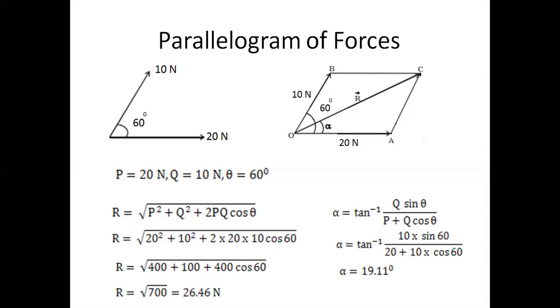That means this R is making an angle of 19.11 degrees with the 20 newton force in the anti-clockwise direction. So this is how you solve the problems, simply by remembering this formula: R equal to under root P square plus Q square plus 2PQ cos theta, and alpha equal to tan inverse Q sin theta by P plus Q cos theta.